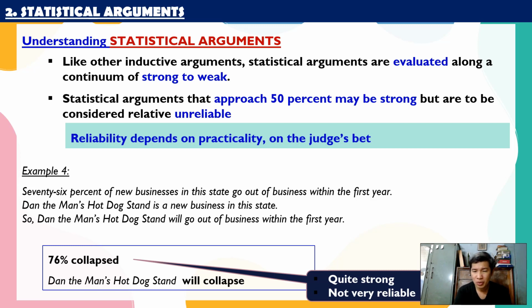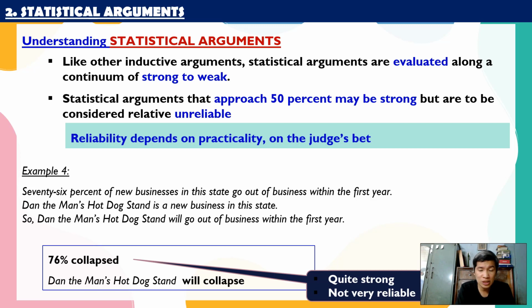In research, when people do the calculation, reliability is set at 75%. No, sorry, 95%. That's a very high possibility, right?